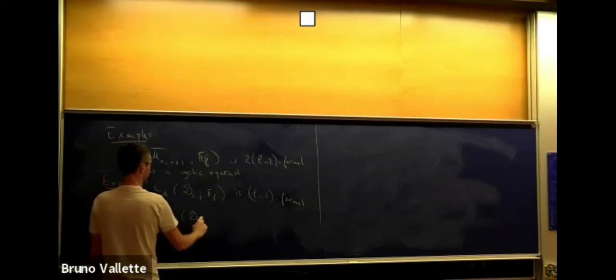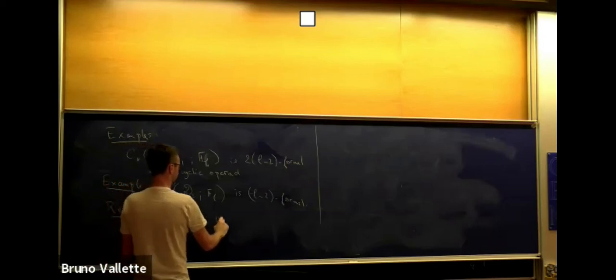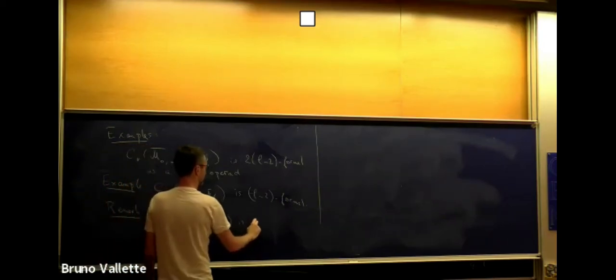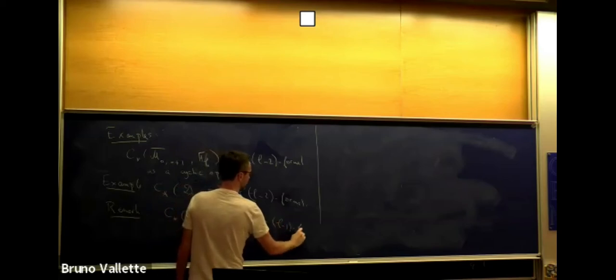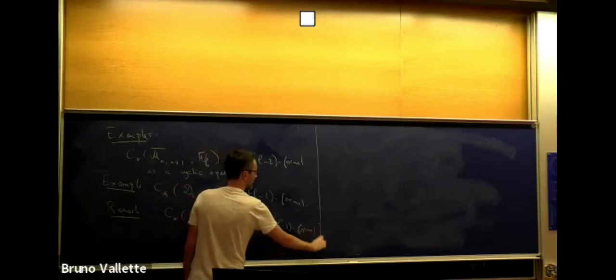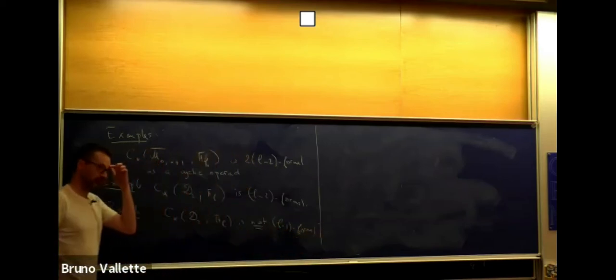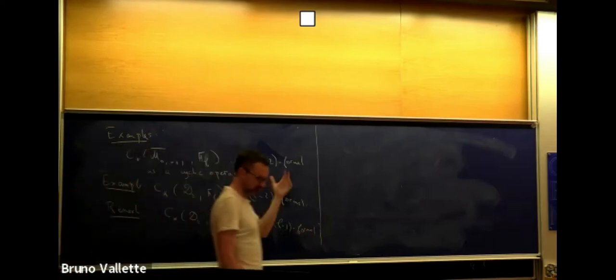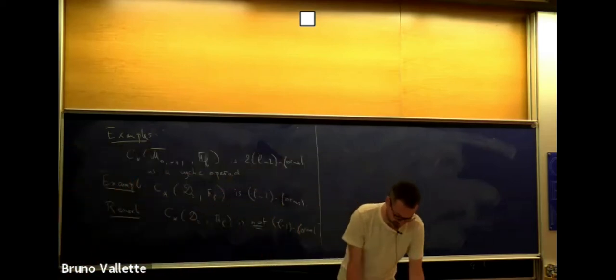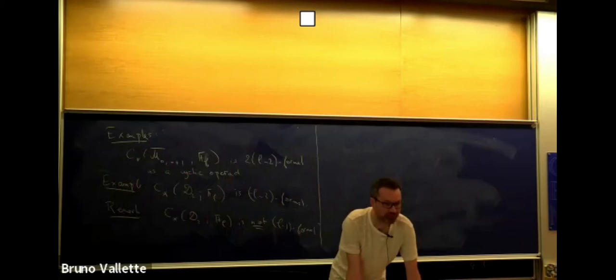C star over D2 FL is not L-1 formal. So this is as formal as you might hope for. And I expect it's probably true in the other example as well. Maybe Paulo knows.